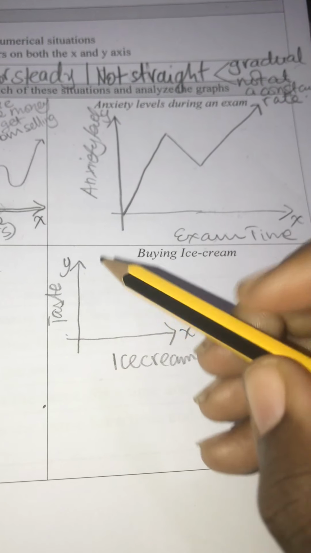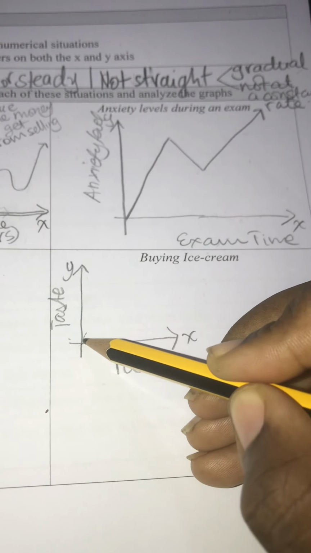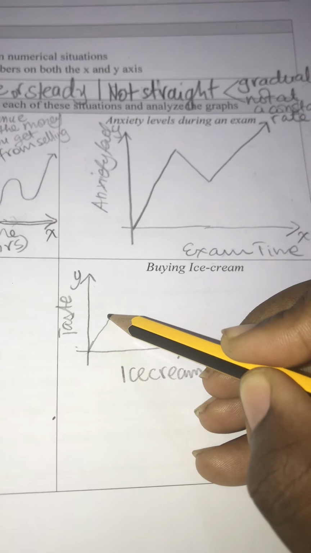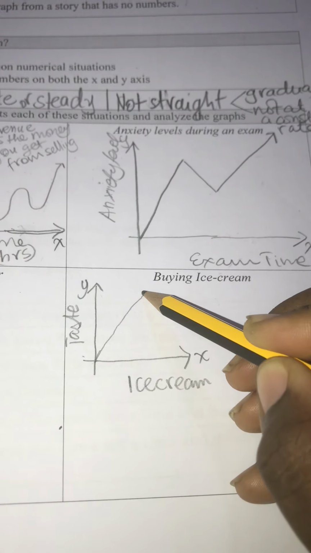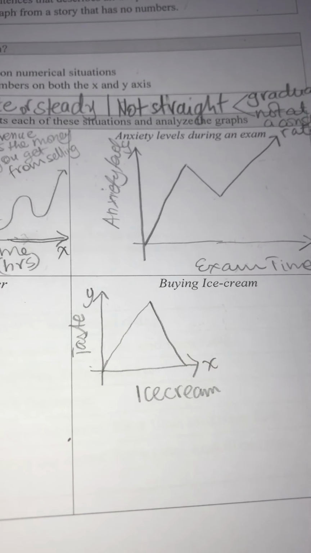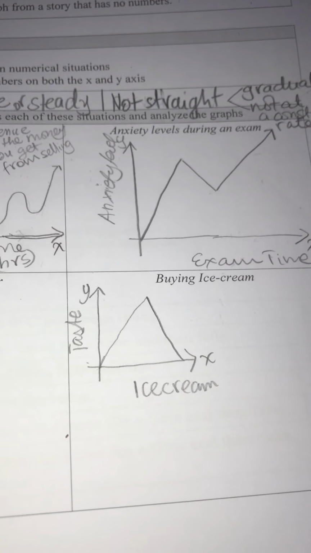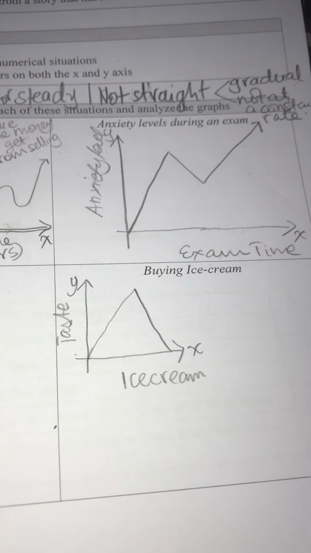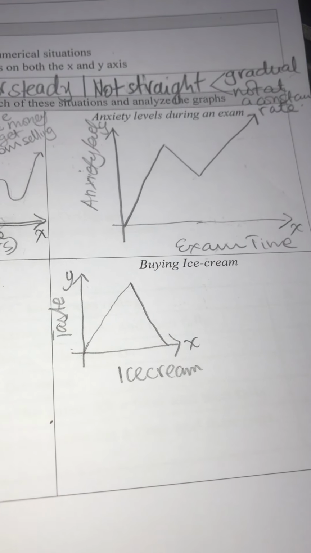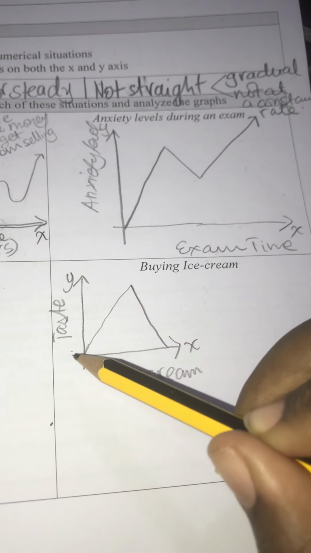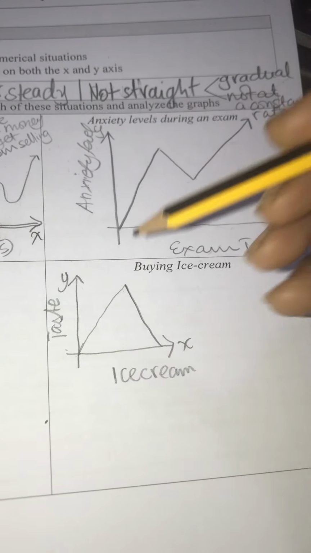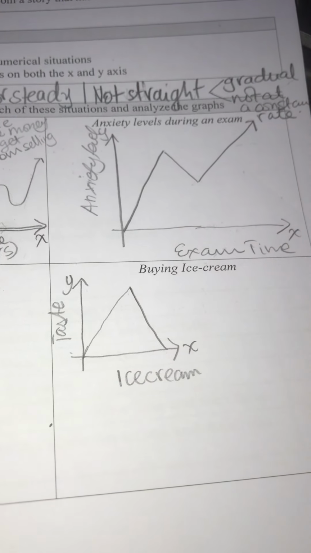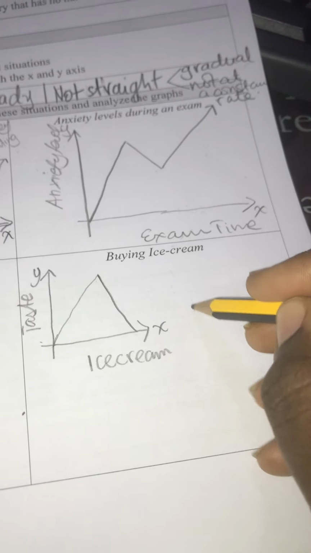You taste, you put the ice cream in your mouth, you start feeling the taste, it is increasing. If it is nice, it continues increasing. If it is bad, you throw it away. So this person first put the ice cream in the mouth. She didn't like it. The taste feeling went down because she threw it away. If she liked it, then the graph would just stay in one place.